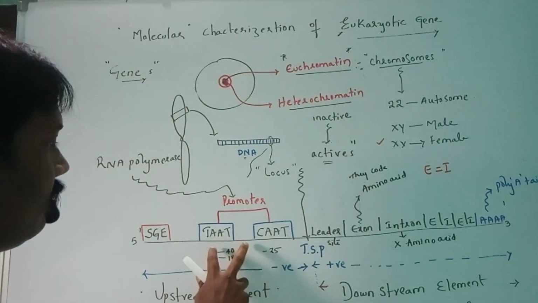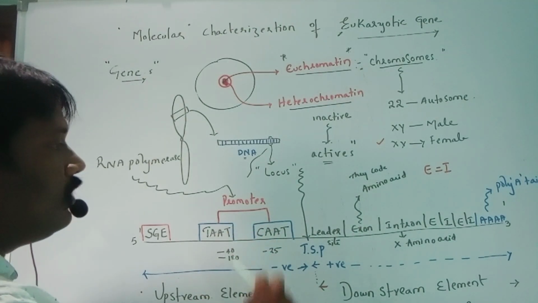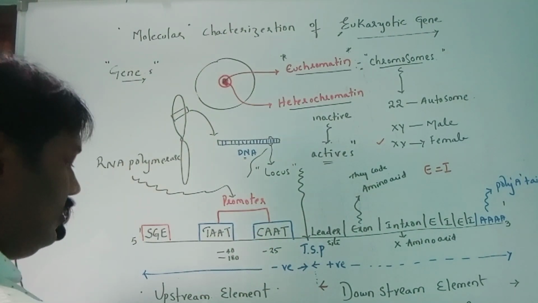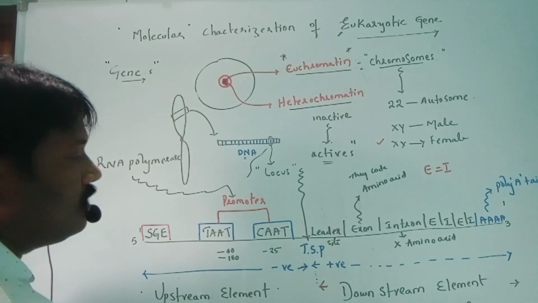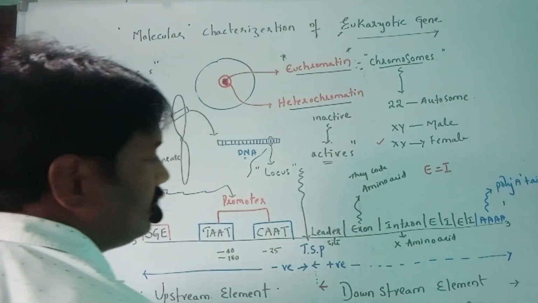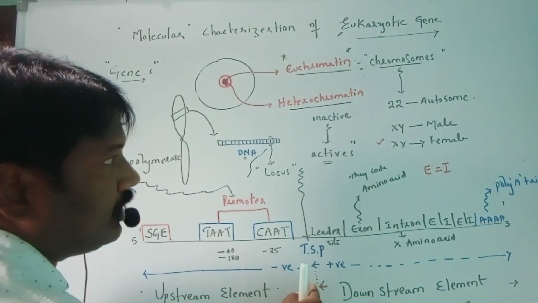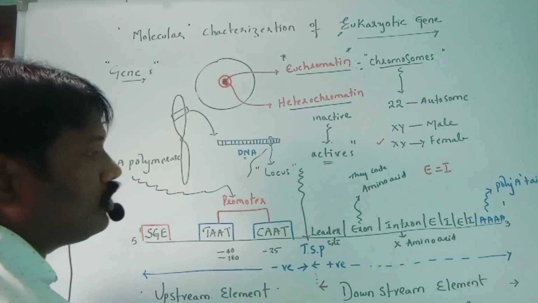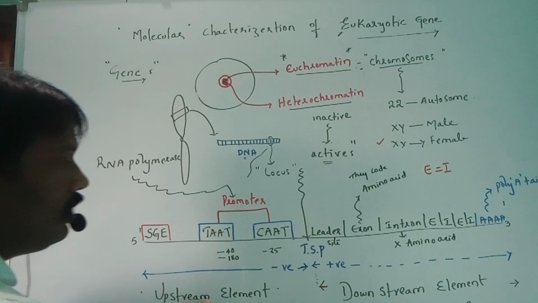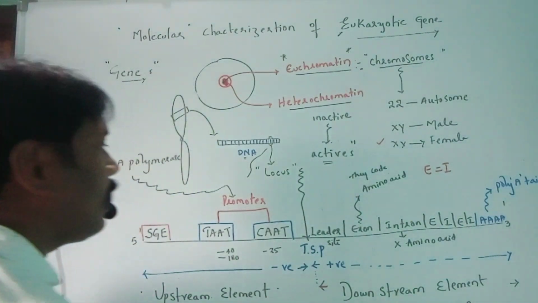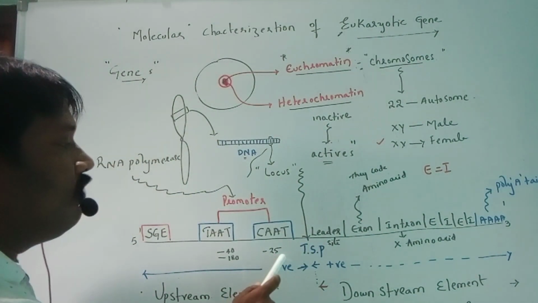In this gene, what happened? It is divided into two compartments. We call them the controller gene sequence and the structural gene sequence. Where the transcriptional start point begins, the gene is categorized into two compartments. One is upstream and another is downstream. Minus 25 base pairs.